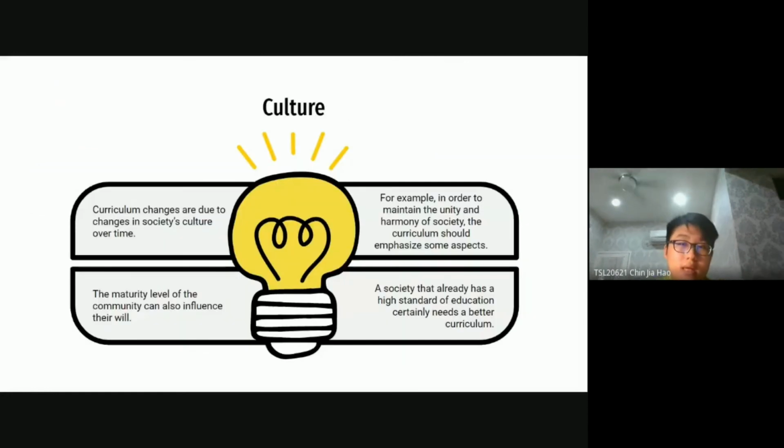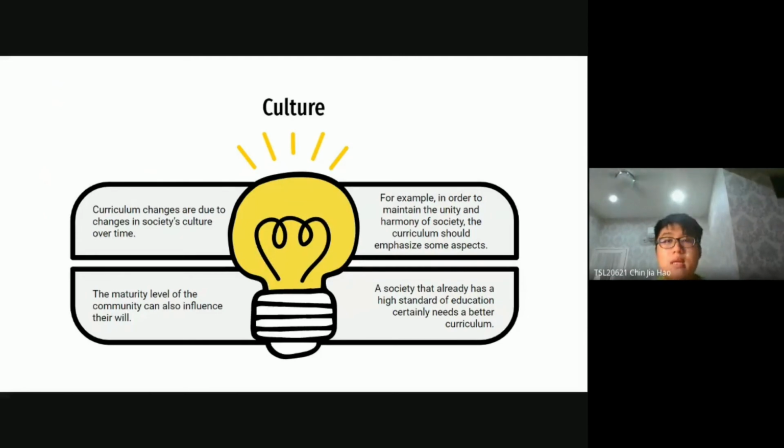And the last one will be culture. So culture is also one of the reasons or factors that bring changes to the content of the curriculum. Curriculum changes are due to the changes in society's culture over time.